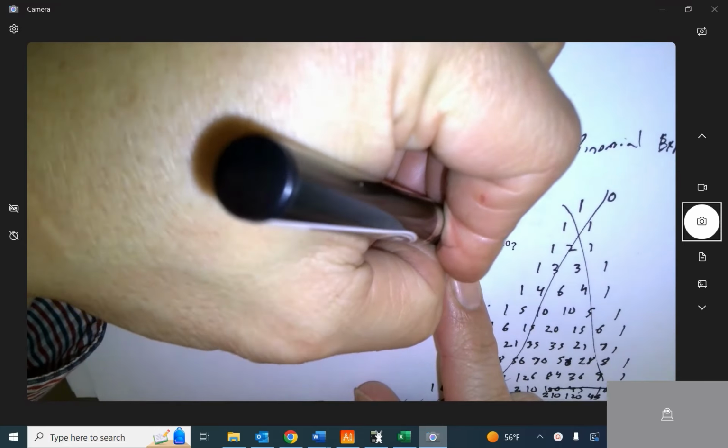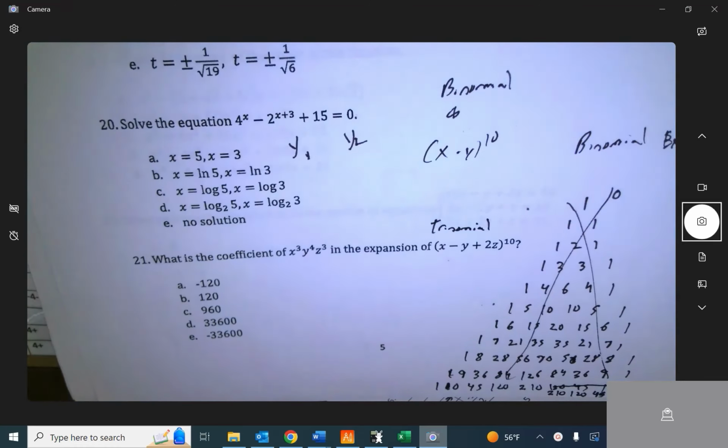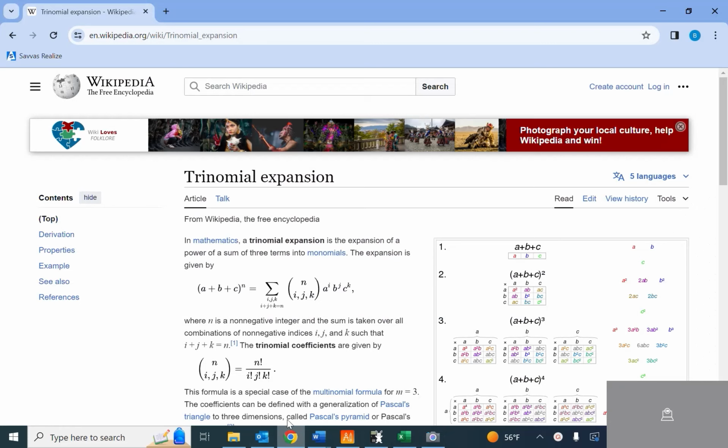This is a trinomial. You are more than welcome to go online and look up trinomial expansion. There is a technique for it. You can. It's right here.